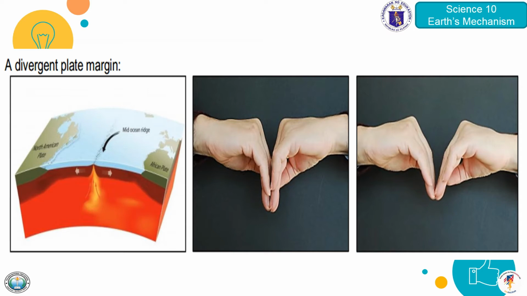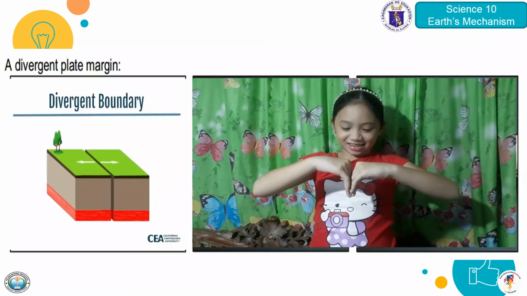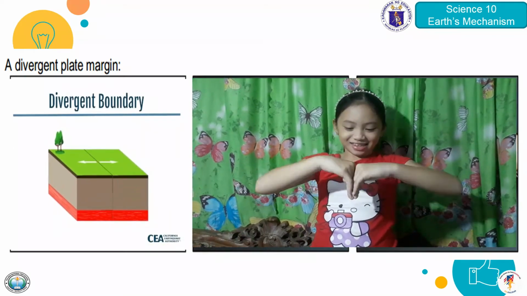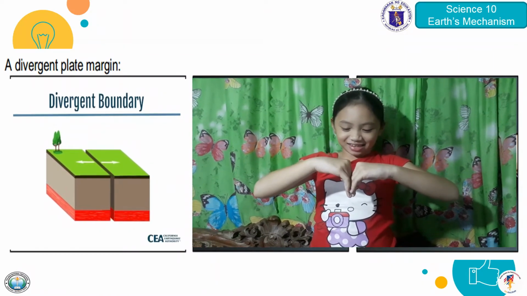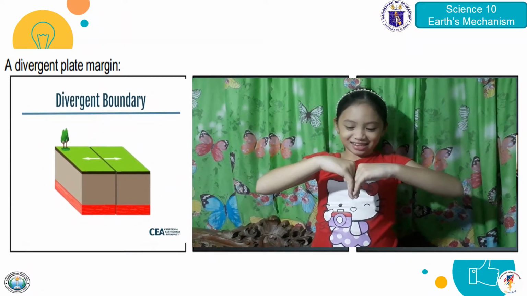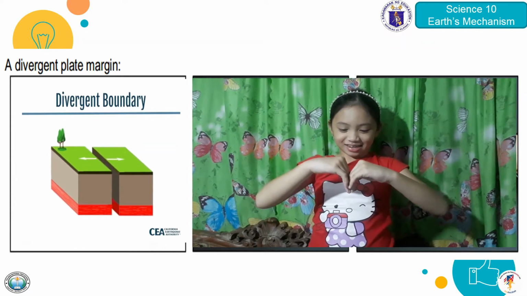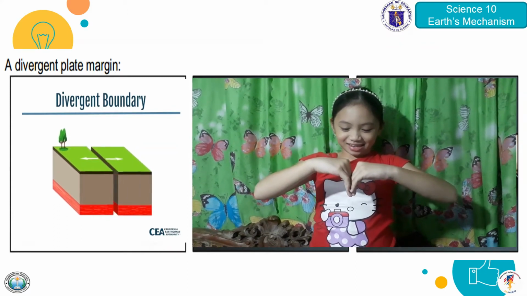Are you ready? So you are going to put your hands together like what is shown on the video. Slowly move them away from each other. You are already simulating the movement of a divergent boundary wherein the plates are moving away.